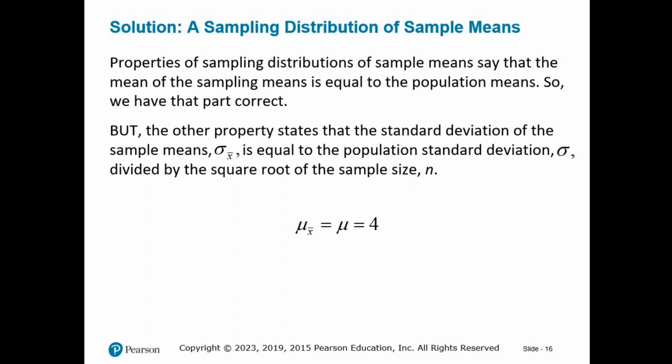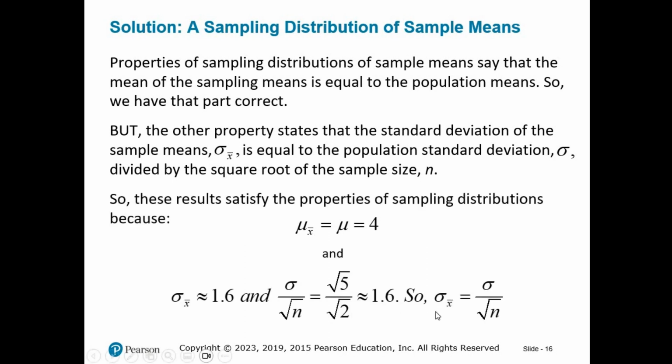Our sample mean standard deviation was about 1.6, and our population standard deviation was square root of 5, and our sample size was 2. So we put that all together, and we have square root of 5 over square root of 2 is about 1.6. So yes, the sample mean standard deviation is equal to the population standard deviation divided by the square root of the sample size. Good job.